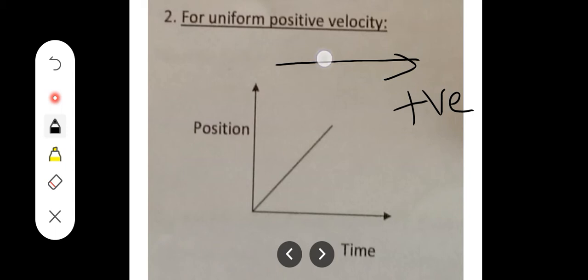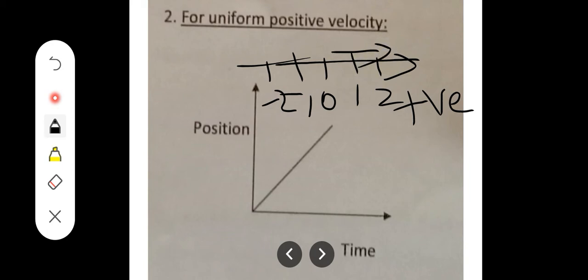Suppose you consider somewhere here 0, 1, 2, like that. Here it will be -1, -2. It has got direction. That is why, suppose the object starts from 1 or 0, it is moving in the positive direction. That means position increases. If the increase of position is uniform, that is what you call uniform positive velocity. So this is the graph given for uniform positive velocity.